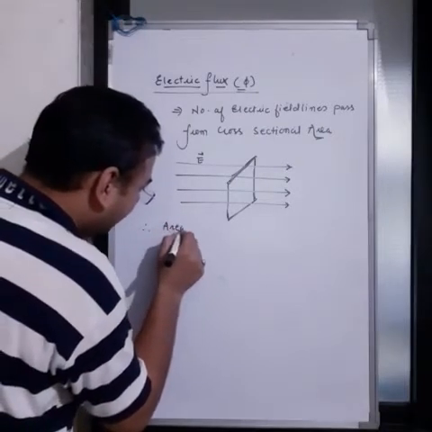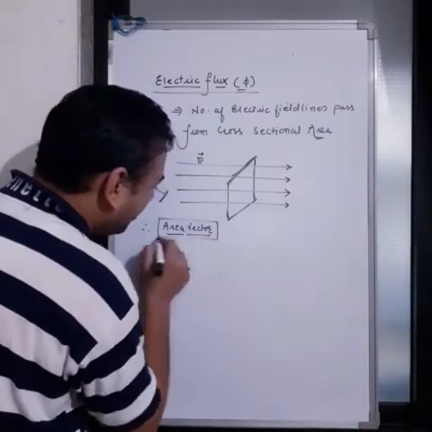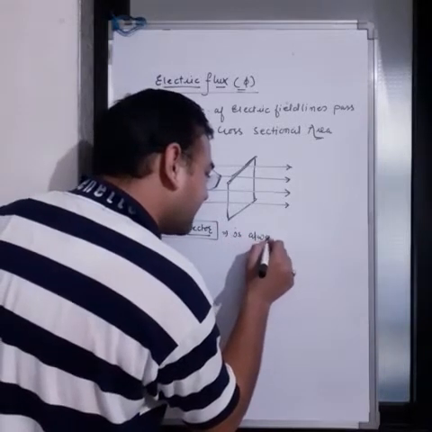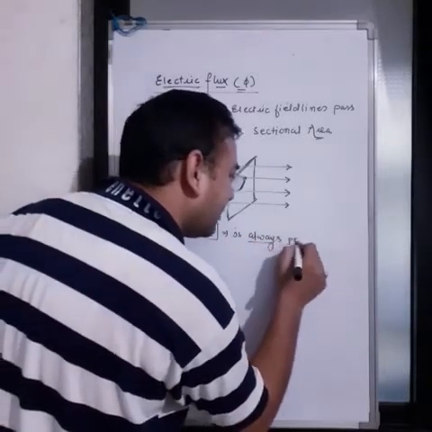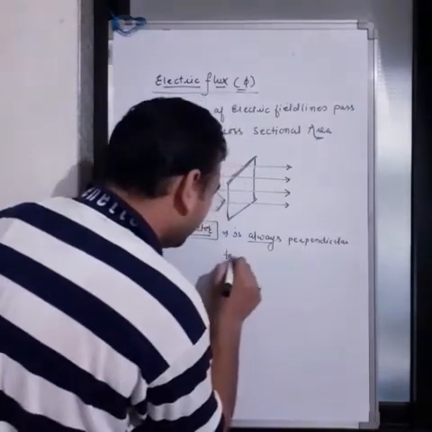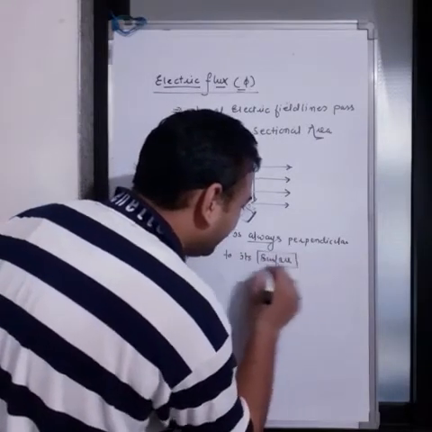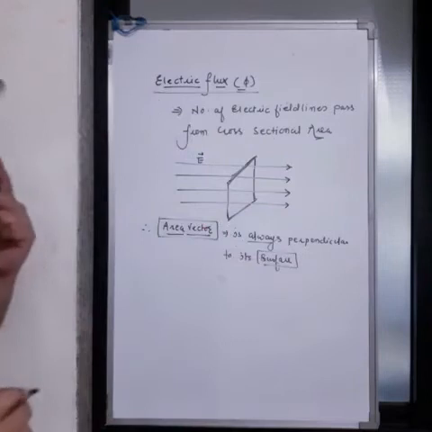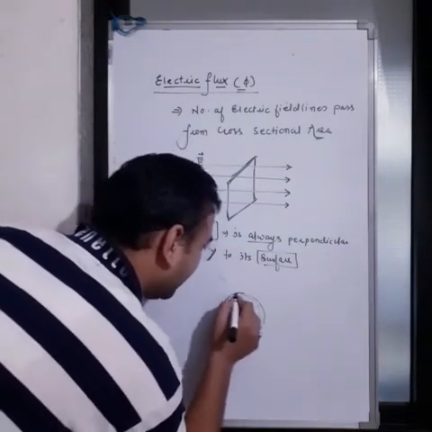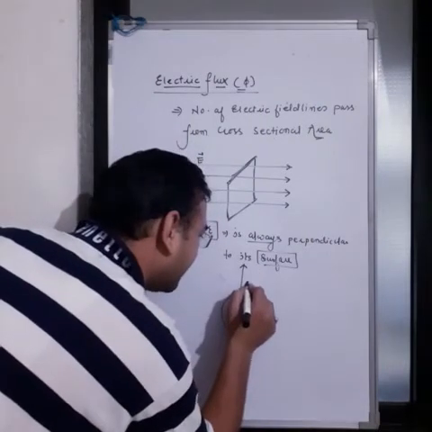It's called the area vector. Students, always keep in your mind, the area vector is always perpendicular to its surface. So when we denote the area vector, it is always perpendicular to its surface. Just for example, here if we take the area vector of this, it is denoted like this.